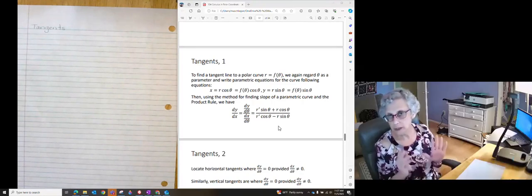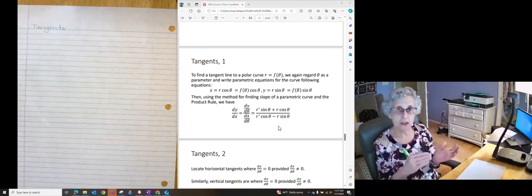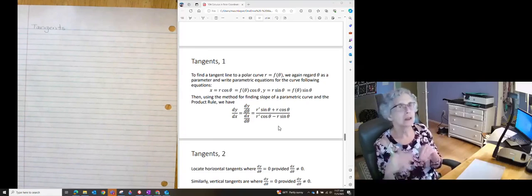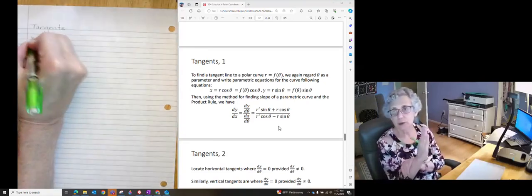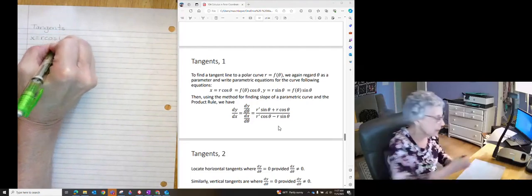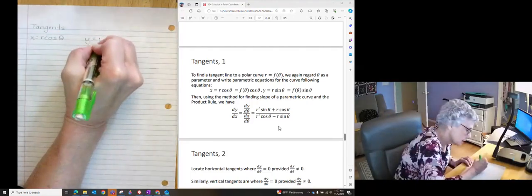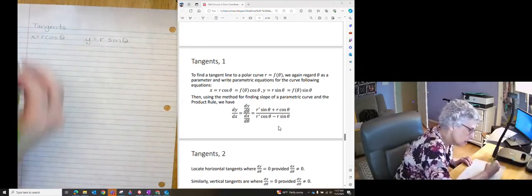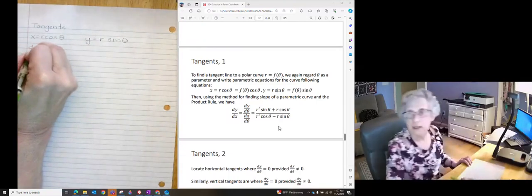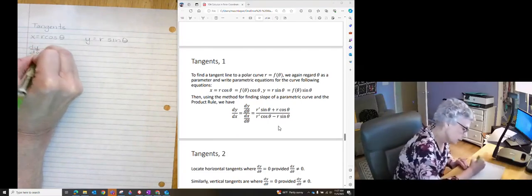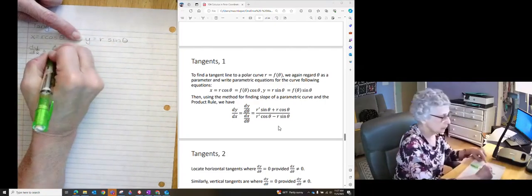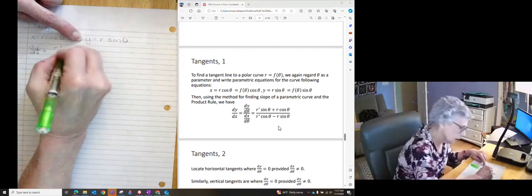The last part of this section is all about finding tangent lines and finding where tangent lines are horizontal or vertical. We need to find a derivative. We do it exactly the same way as we did for parametric. We rewrite x is r cosine theta, y is r sine theta. So dy dx would be equal to dy d theta over dx d theta.